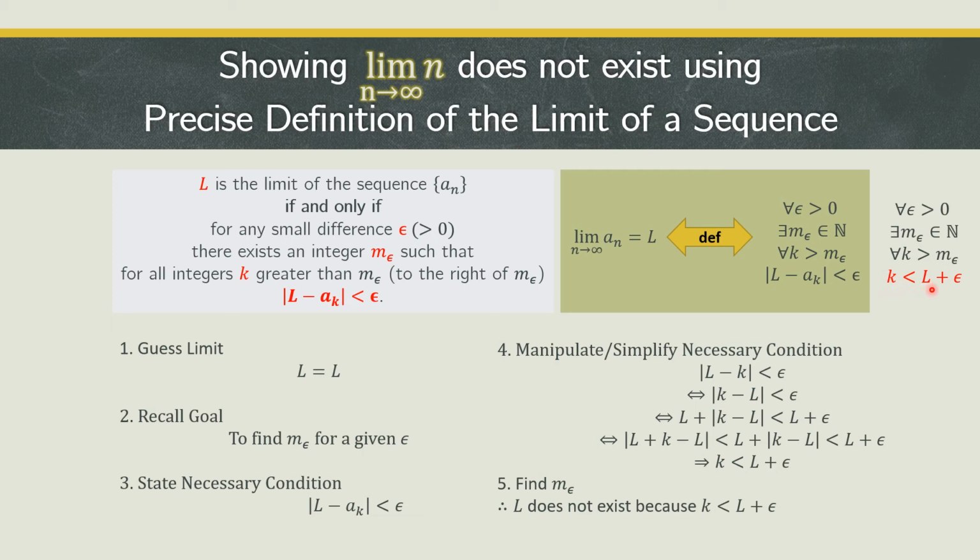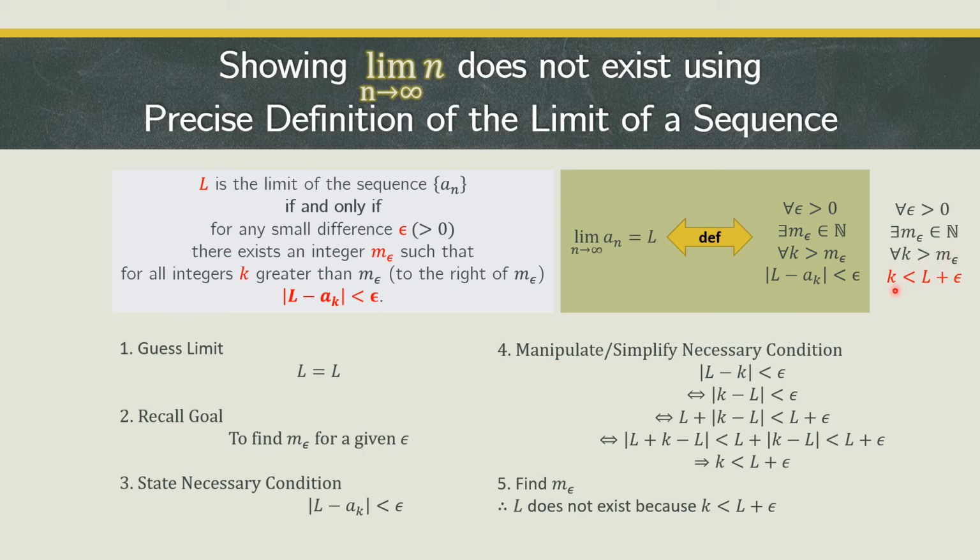But why is that a problem? That's a problem because we have to show that for all k bigger than m sub epsilon, meaning there is no bounds for our k, k can get bigger and bigger for all of those k, because all of those k is referring to all of those k.